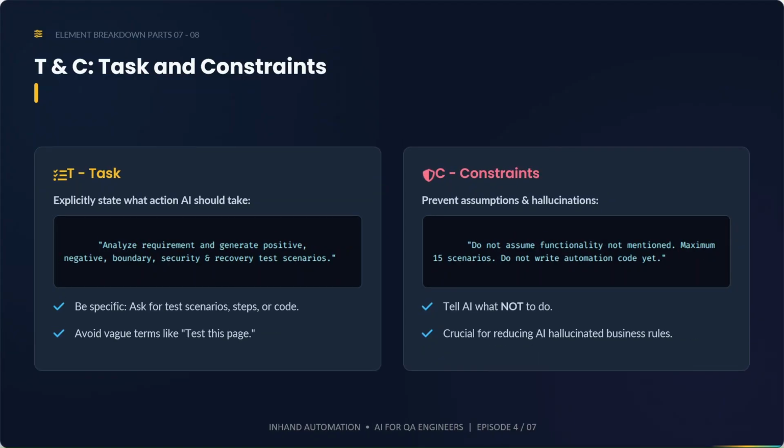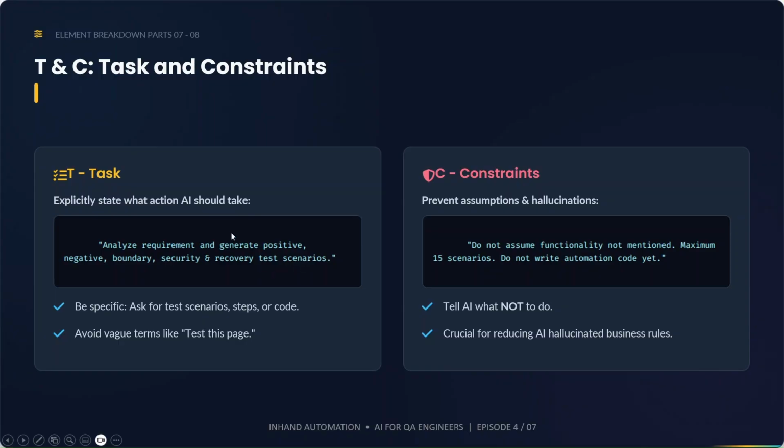Now we have task and constraint. So Rahul needs to clearly explain what he wants AI to do. He writes, analyze requirement, generate positive, negative, boundary, security, and recovery test scenarios. Now AI knows exactly what type of work Rahul expects.